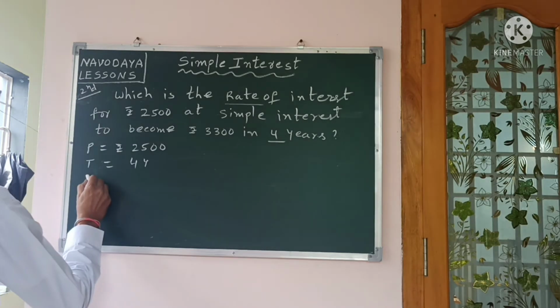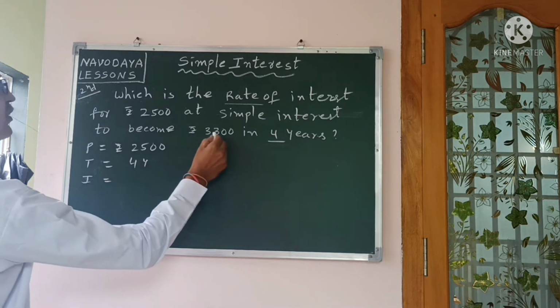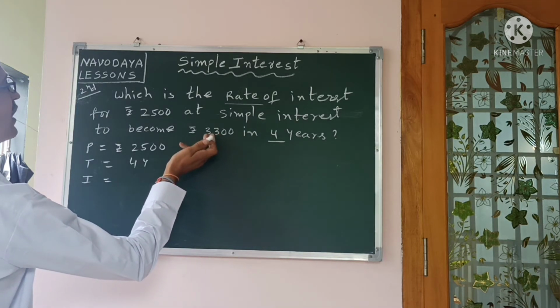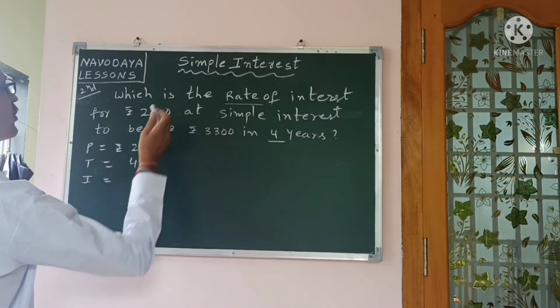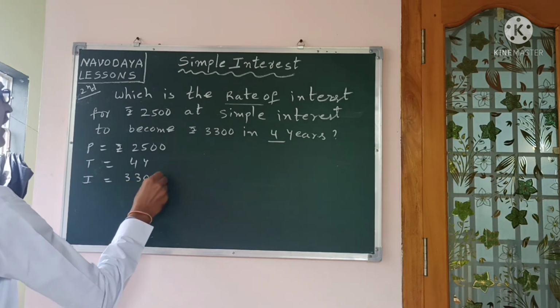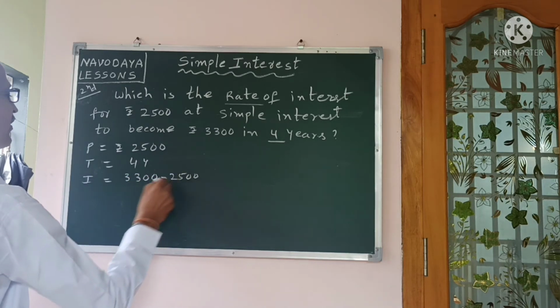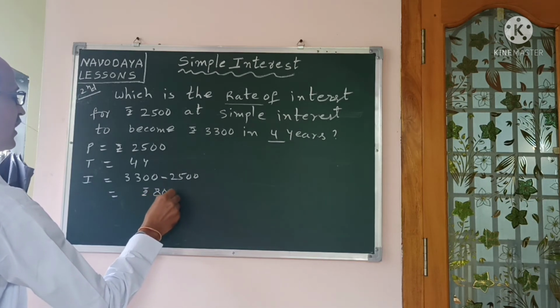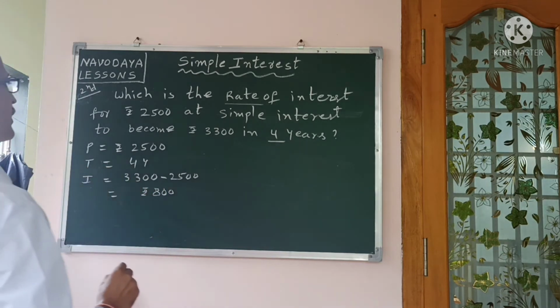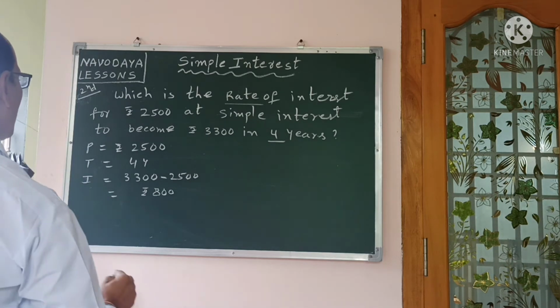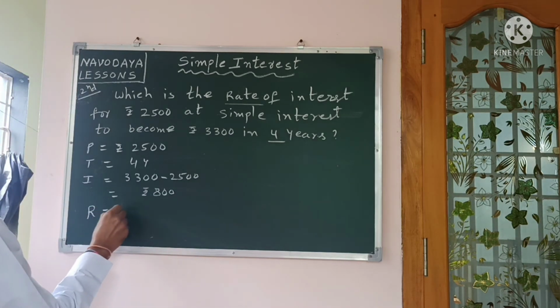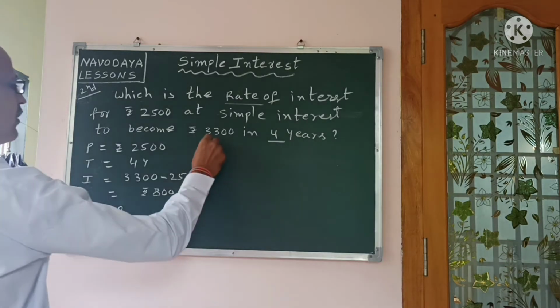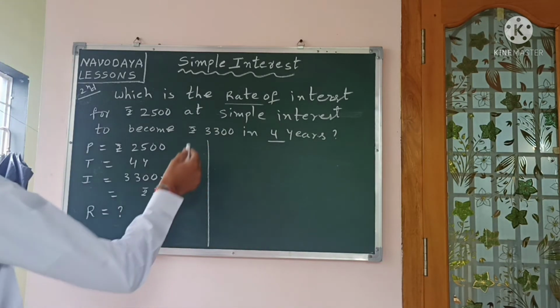What is interest here? Interest is equal to, we have to subtract, 3300 minus 2500. It is 800. Interest is 800 rupees. Now we have to find the R. R is equal to how much? I already told that.